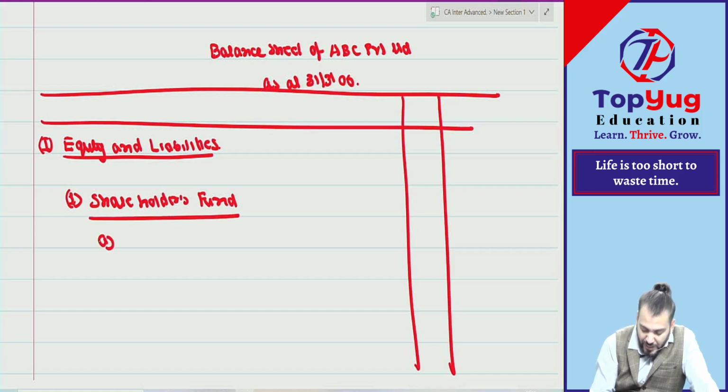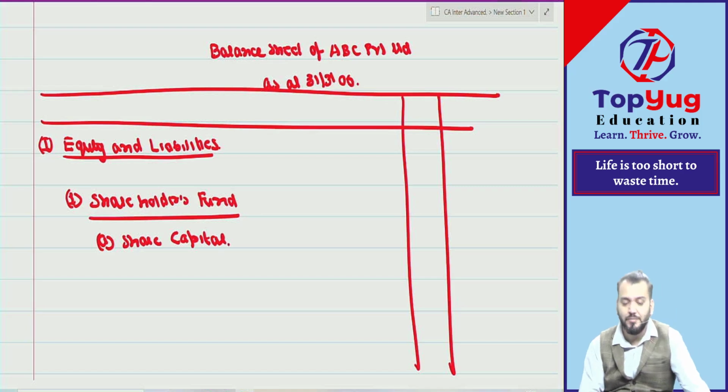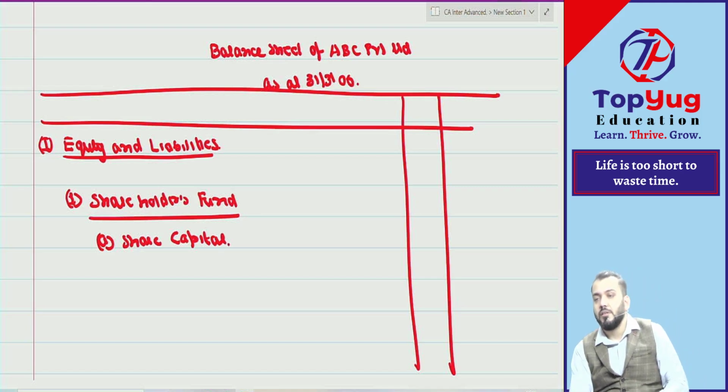Point number A is share capital, how much? So can you say share capital means partners' capital account will be converted into equity share capital. It is given. Remember, partners' capital account will be converted into equity share capital.